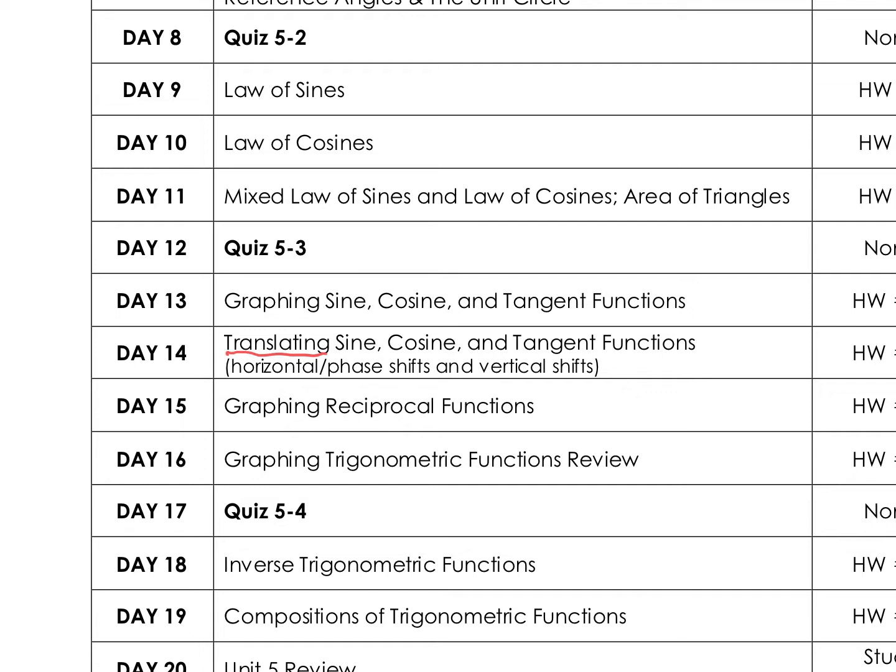Translating actually means to move around left and right, up and down. This is why we're talking about phase shifts, horizontal and vertical. And I'm calling it Lecture 11 because the homework for it is Homework 11.